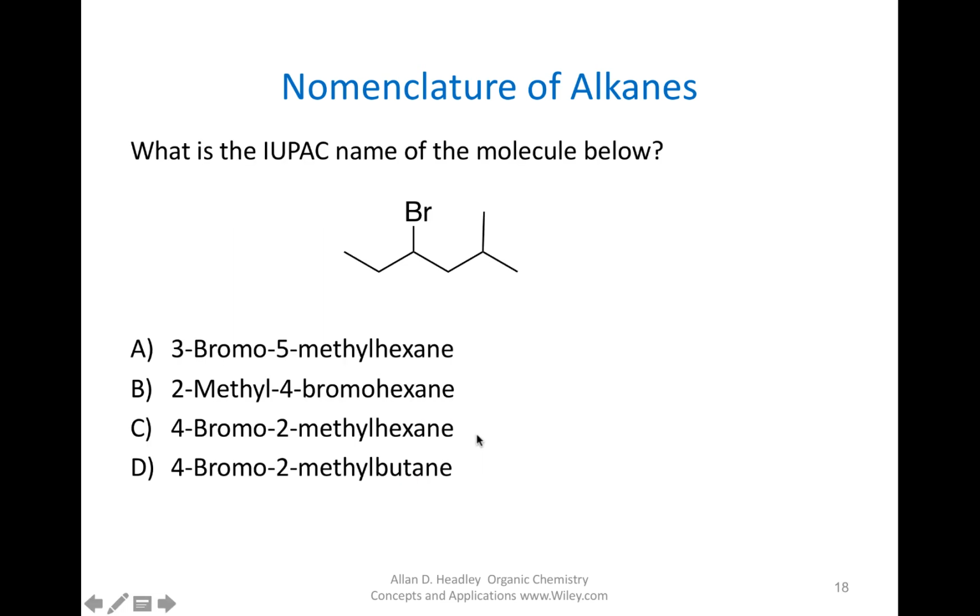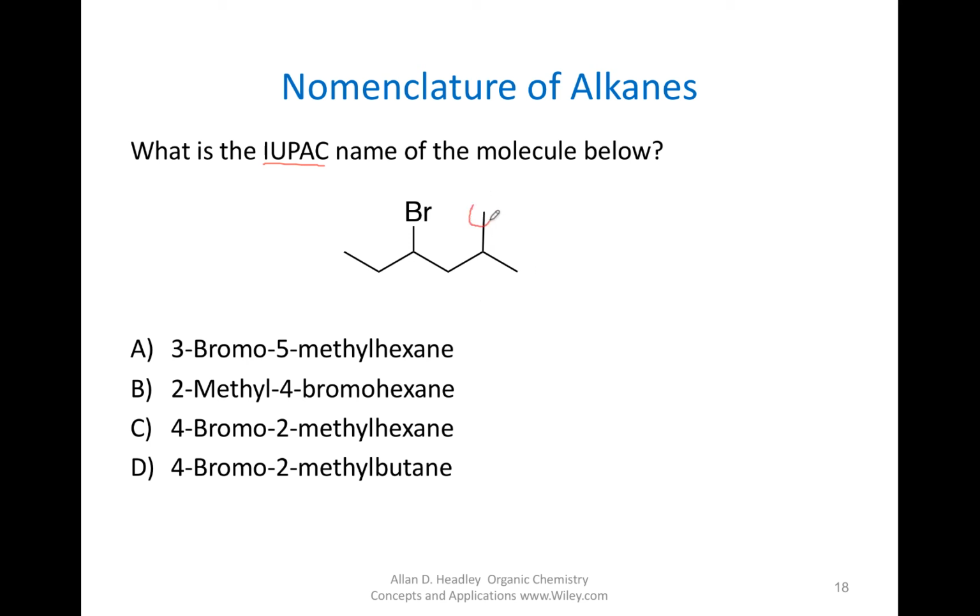So let's see if we got this. The question now is, what is the IUPAC name for the molecule shown here? You need to start numbering, figure out the longest chain, and make sure that the rules we have just discussed are not violated. So let's see how we'd analyze this.